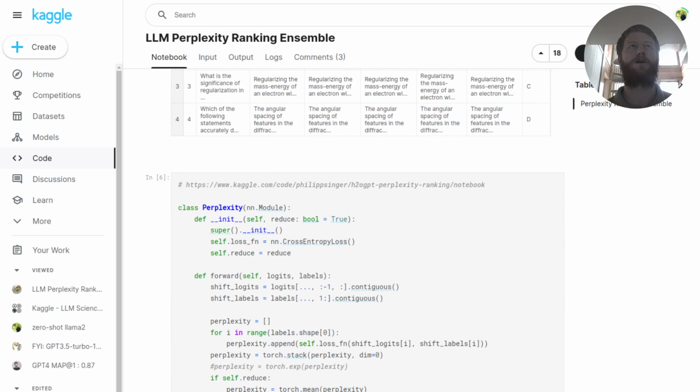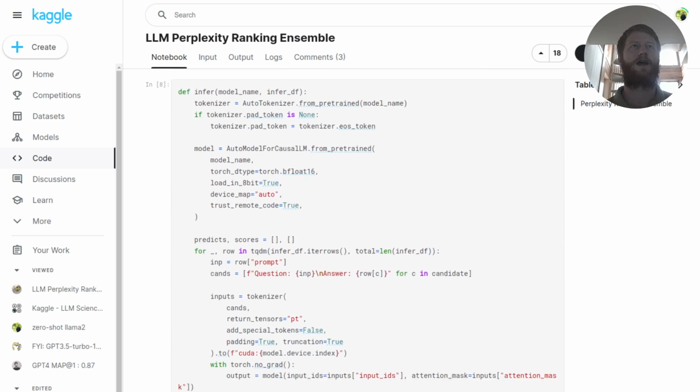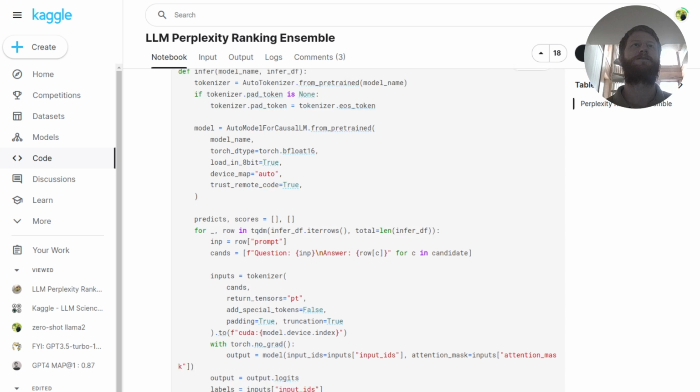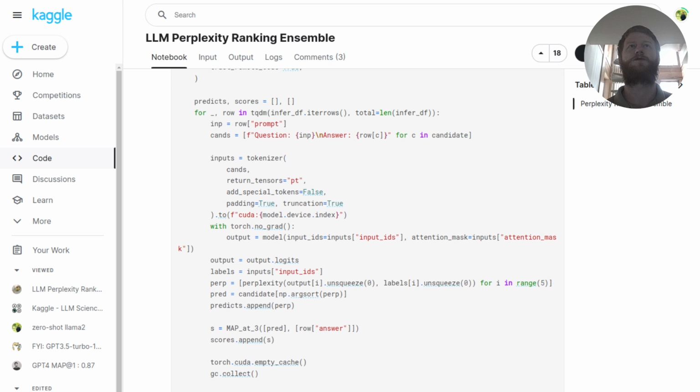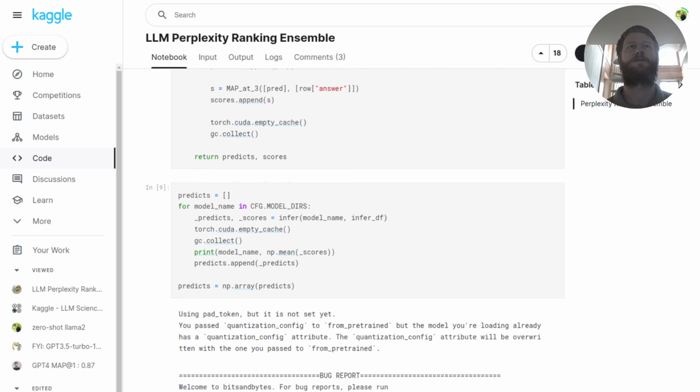And if we read through the code, they've got a perplexity calculation, they've got their metrics, and they're going to create this candidate where you have the question, and then the answer, and then one particular answer, and they're going to do that for each of the 5 candidate answers. And then calculate the perplexities, find which are the smallest perplexities, and use those as their predictions.